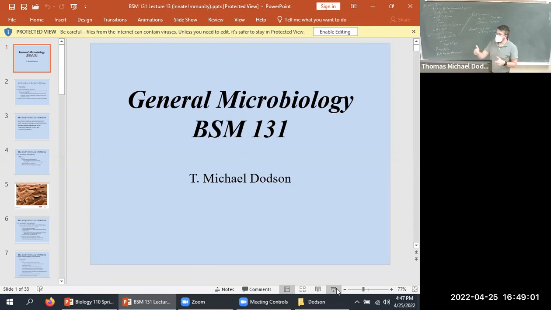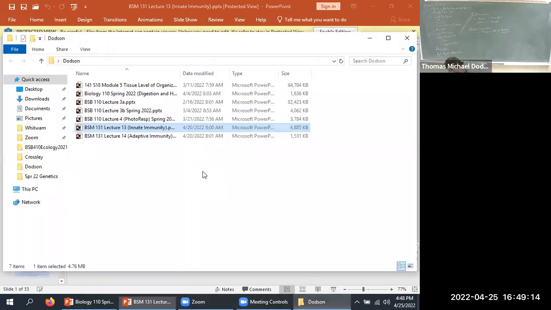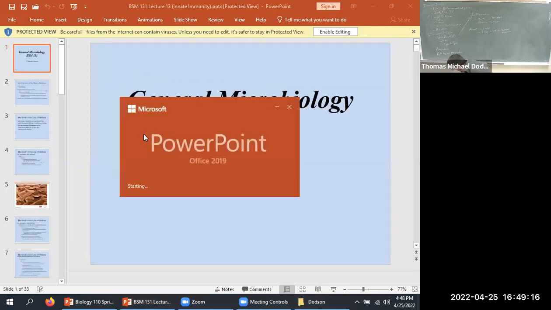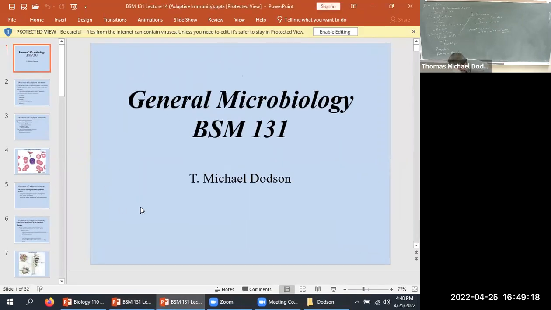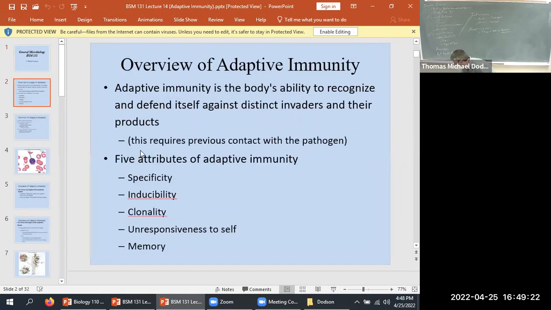So either when you get infected by something, or you take a vaccine and pretend you got infected by something, to increase your immune response. Real quick, I'll just open it up so y'all can see it. It's got 32 slides. We had like 10 left, so it's like 22 that I went over.